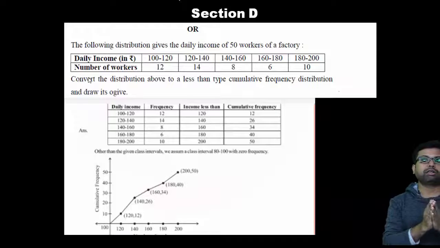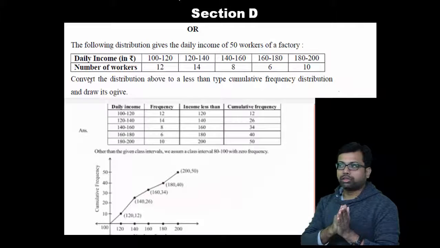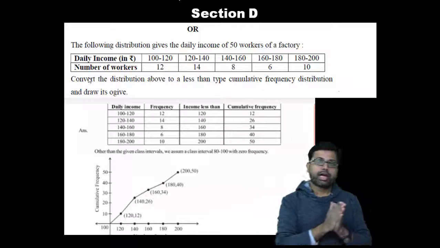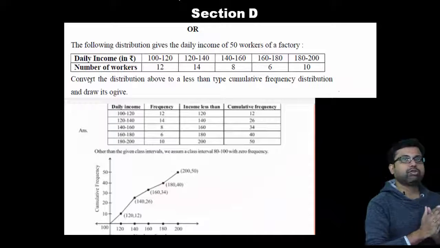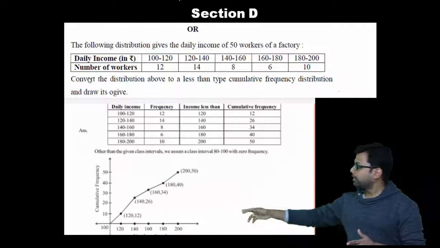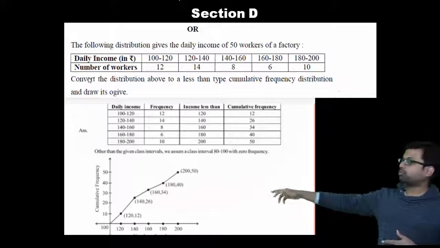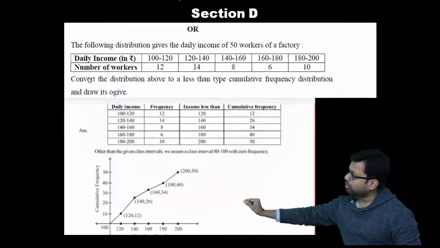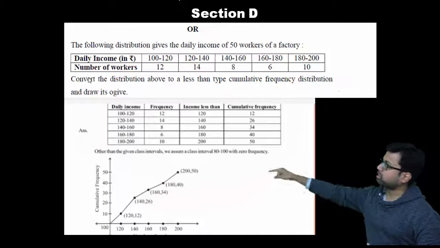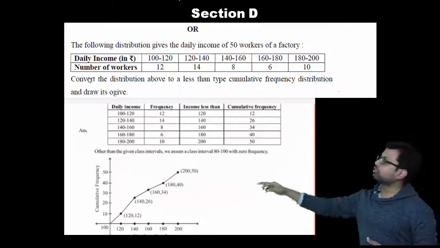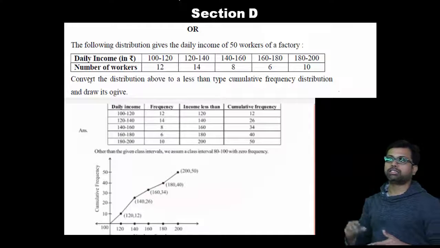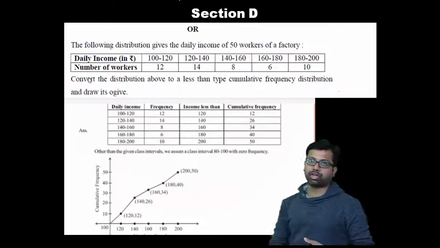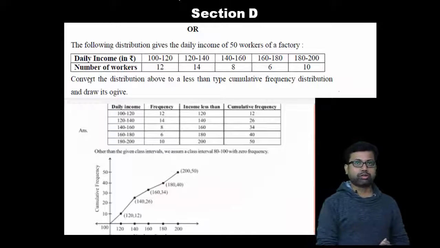So you have to imagine a class with income 80 to 100, and you have to take its frequency as 0. So the starting point for the ogive is going to be 100, 0. So you join from 100, 0 to these 5 points that you have already plotted. You join them freehand, and this is going to be the less than ogive. So this is how you solve this particular question.